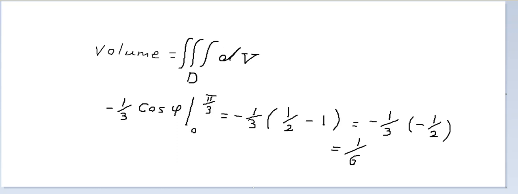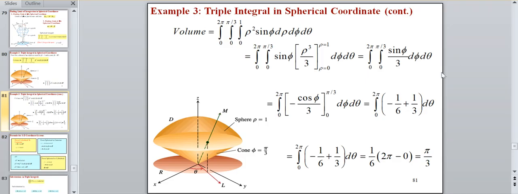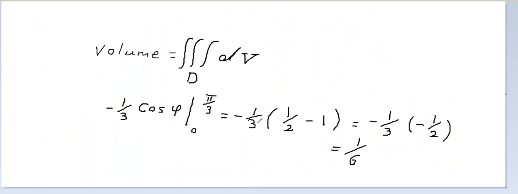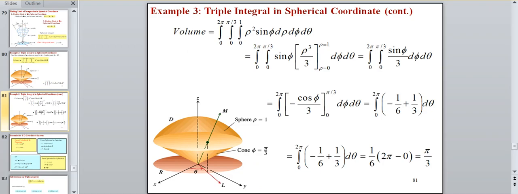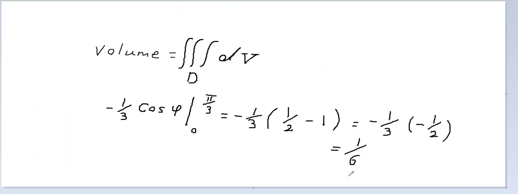Yes, it's correct. If you calculate it this way, it becomes minus 1/6 plus 1/3. So the answer is 1/6, as I calculated here for you.